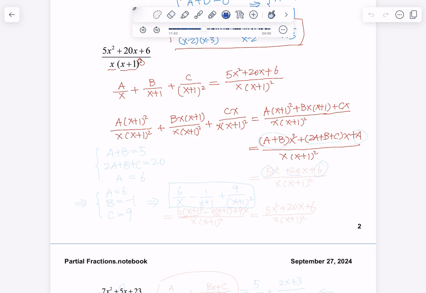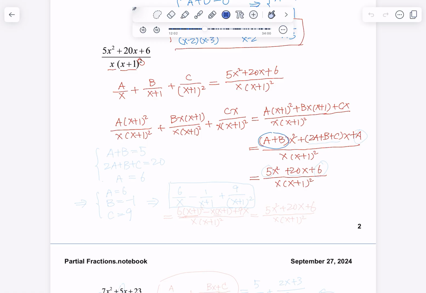And this must equal the original rational function, that is 5x squared plus 20x plus 6 divided by x times x plus 1 squared. Now we can compare the coefficients of the numerator.